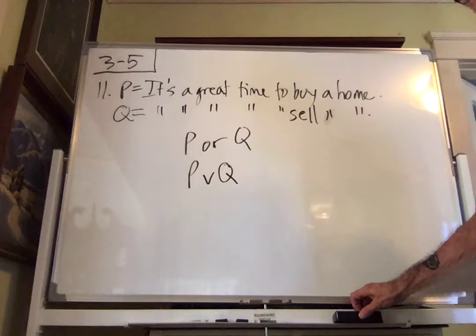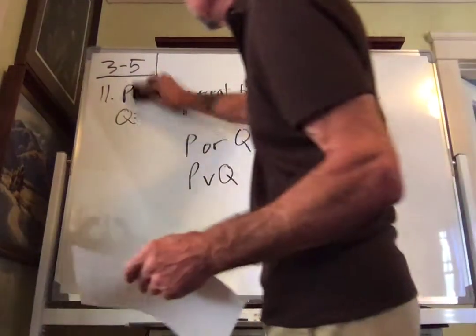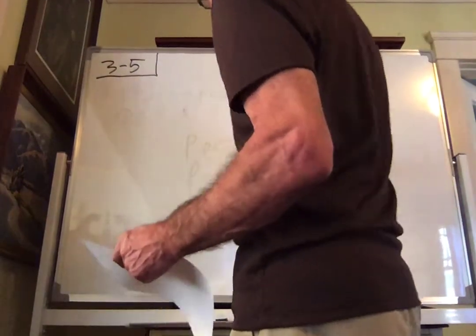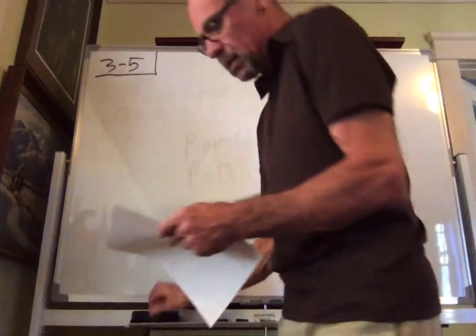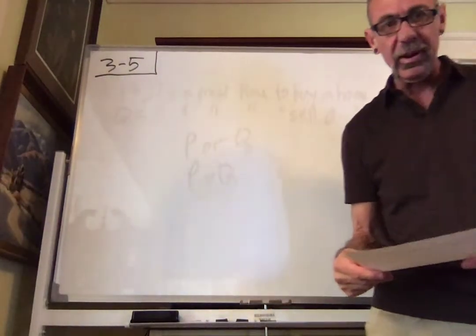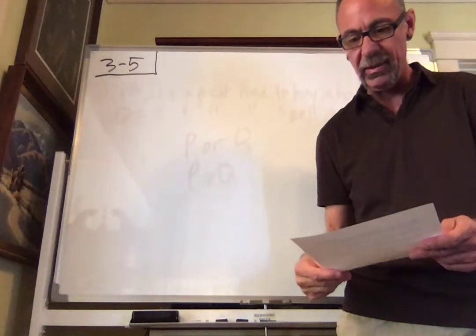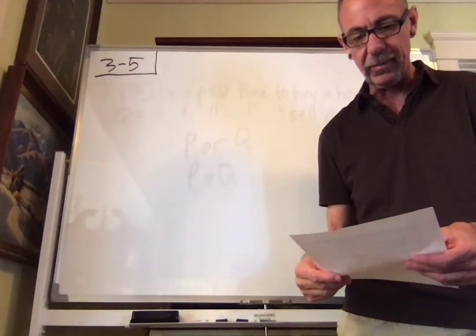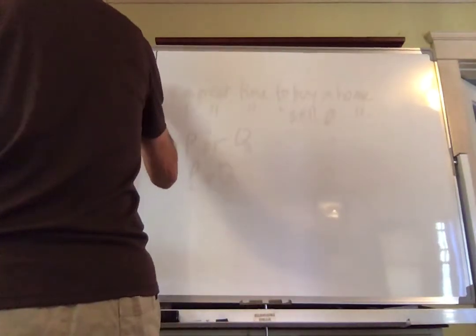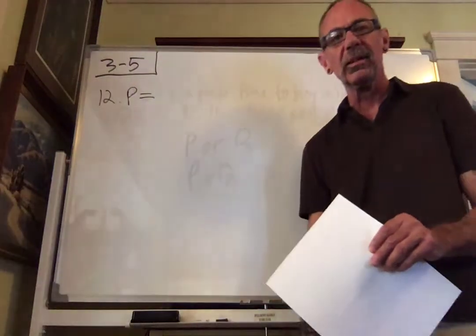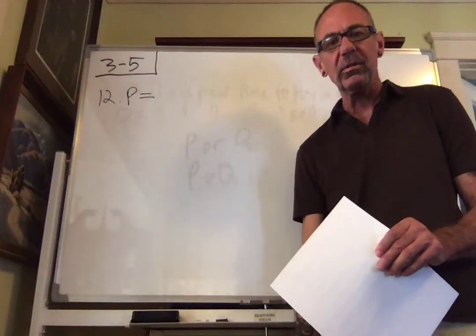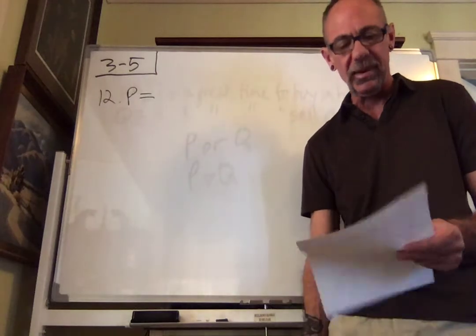All right, let me go on to number 12. Number 12 says, Santana Moss won't play Sunday unless he is at full strength. So let's think about our variables here. The only little bit of a complication here is to remember to let our variables stand for affirmative statements.